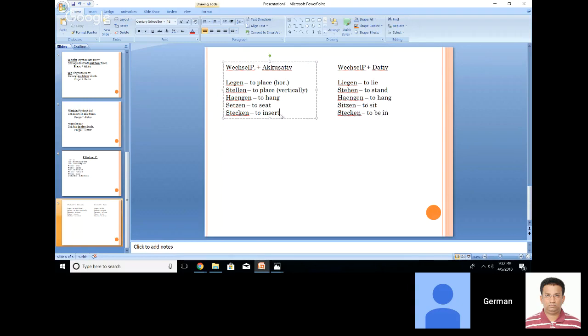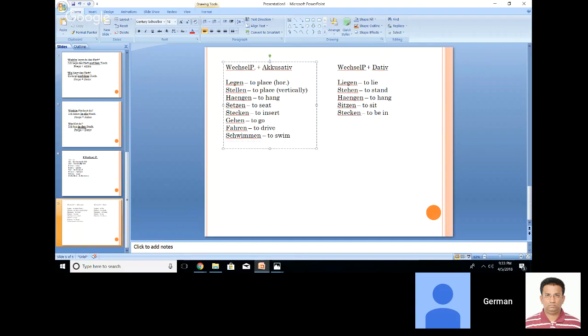Okay, the accusative stecken is I am inserting something, and the dative stecken it is already inside it. So the action of insertion is not taking place in dative. Next is gehen, which means to go. Next, fahren. Fahren is to drive. I am driving. I am going. There is an action involved. That's why all these verbs are coming under accusative.